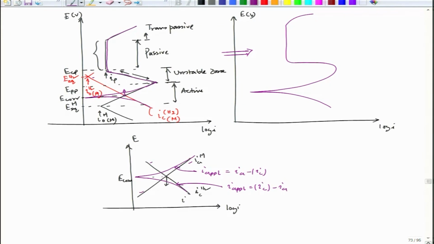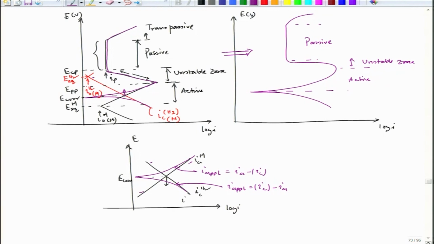This is basically the interaction of the cathodic process and the anodic process. Here for the cathodic process we have taken hydrogen evolution, and here this is the anodic polarization of the metal, with the entire passive zone considered. So, this is passive, this is active, and this zone is the unstable zone.